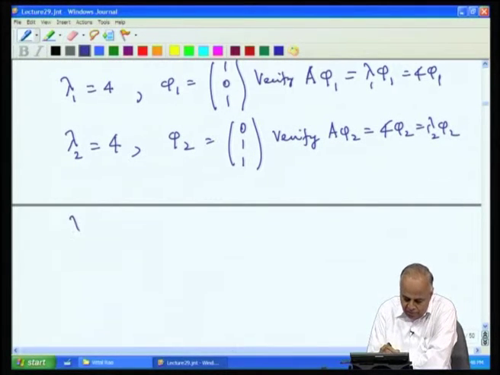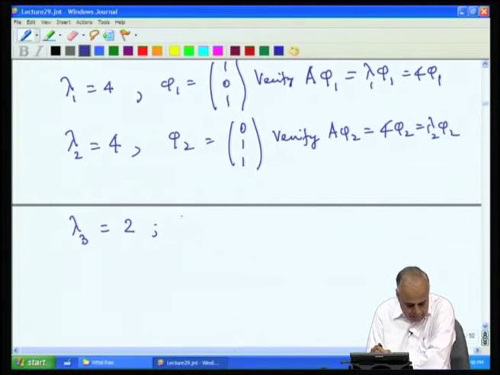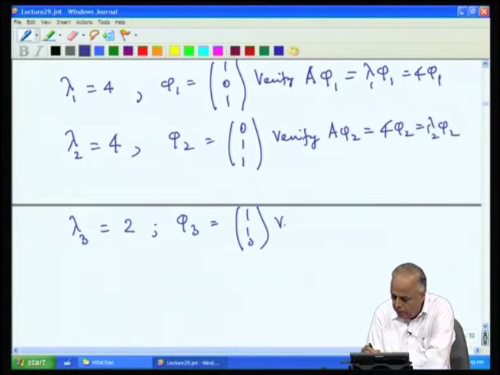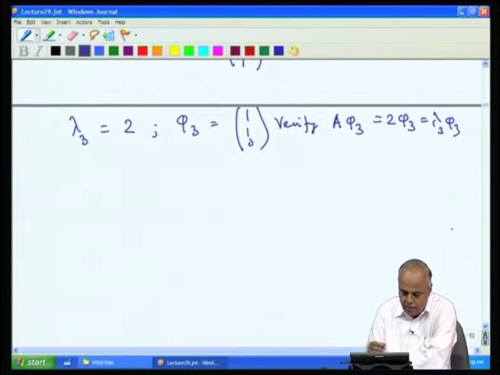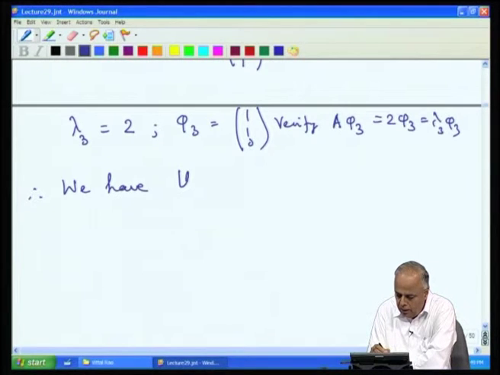And finally, if we take lambda 3 equal to 2 and phi 3 equal to (1, 1, 0), we can verify that matrix A multiplying phi 3 gives us exactly 2 phi 3, which is lambda 3 phi 3. And therefore, we have 3 eigenpairs now.